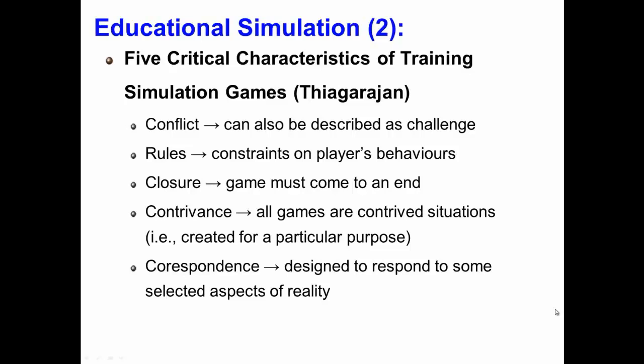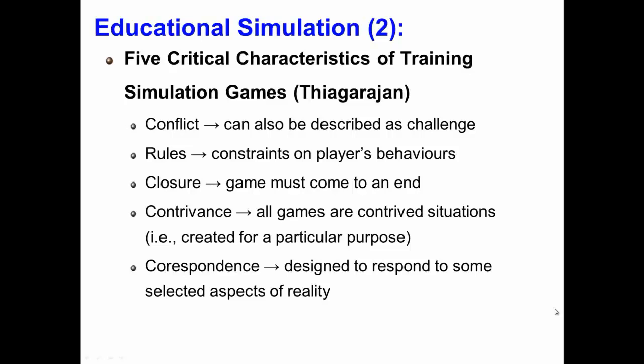Now, when we look at the 5 characteristics described by Thiagarajan, there's really not much difference between simulation games and whether they are digital or non-digital. However, looking at this digital versus non-digital question in a little more depth, when we examine the details of the simulations themselves, so in other words, the level of correspondence, the degree of complexity, or the way constraints are enforced, there actually is a striking difference between analog and digital.